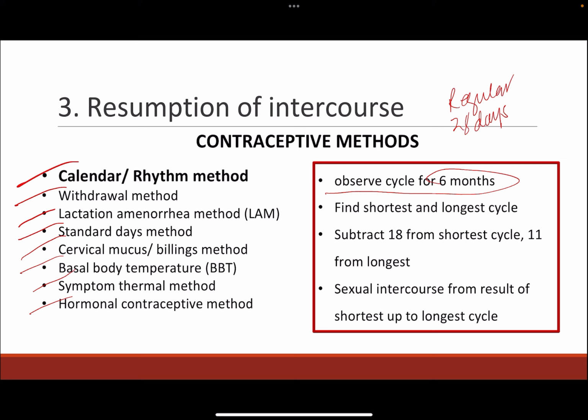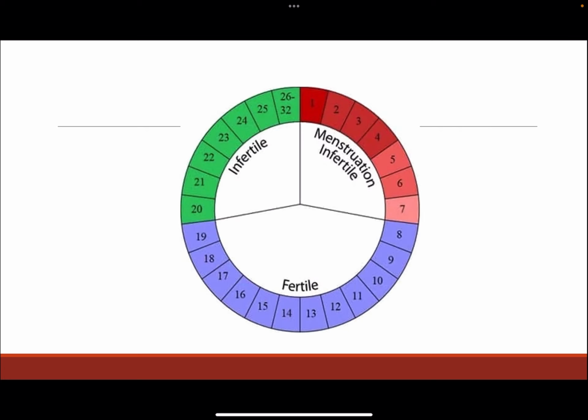So here we have the infertile. For example, if you have your menstruation on day 1, you may count 7 days. After 7 days, on your day 8, you are fertile until your day 19. And then day 20, infertile until your day 32, and then your menstruation again.